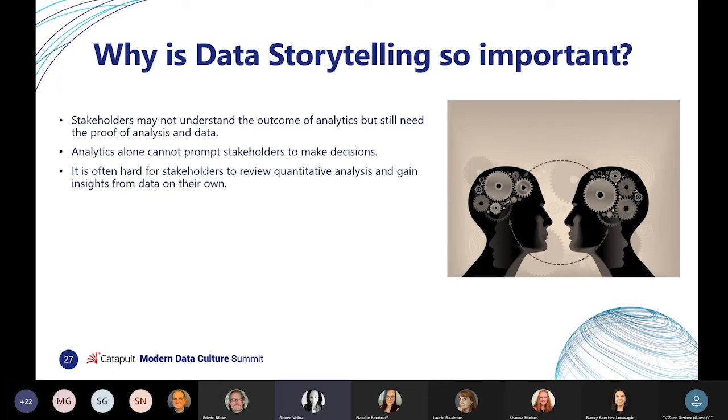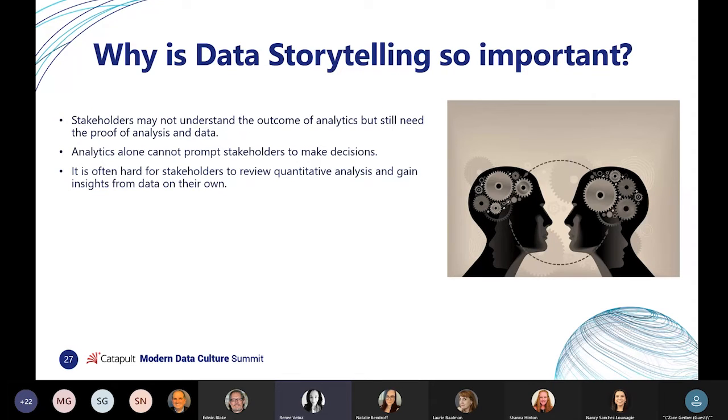They still need the data to make some sort of decision. And in order for people to understand it, it needs to be put into human context and translation. Also, analytics alone can't prompt stakeholders to make decisions.